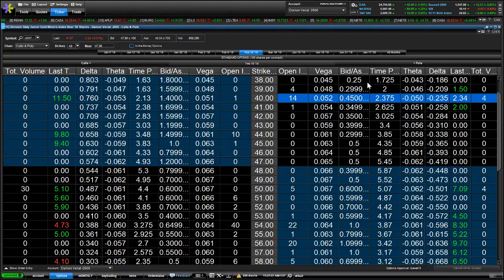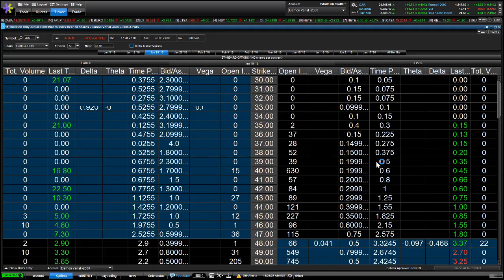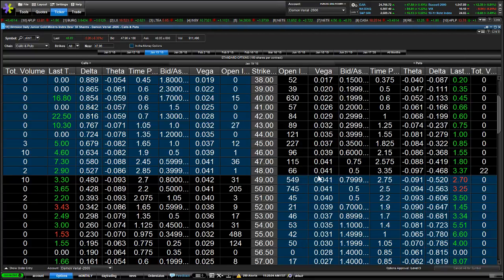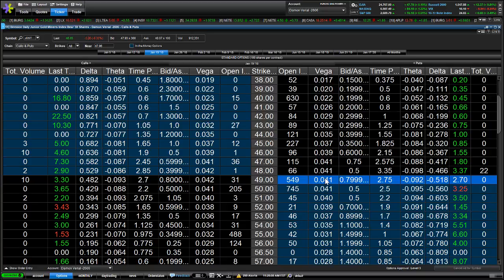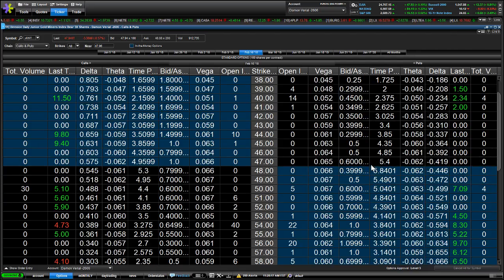If you're right, what's going to happen is the values of these puts are going to increase a lot more quickly than you lose in these puts. And based on your ratio, you're going to be making a lot of money once it gets down to the strike price of whatever your longer month is.